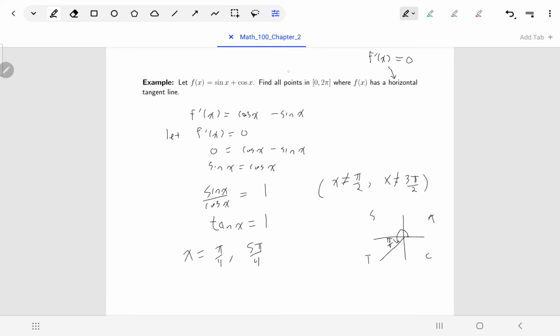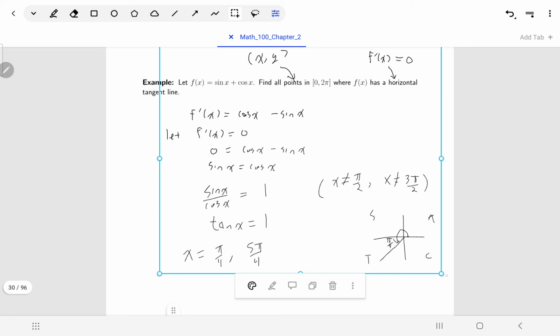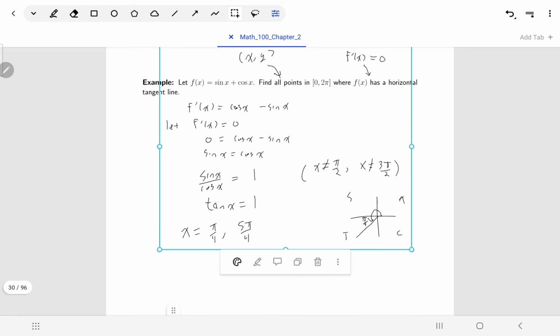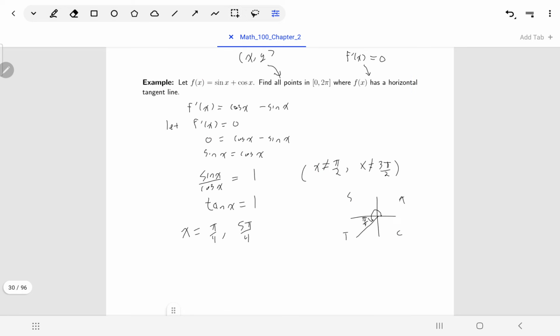And again, I've said this a few times now, but it's worth mentioning. When I say find all points, that means find all x and y points. So we've done some of our work, but not all of it. I've figured out where my x points are, but I haven't figured out what my y values are yet. So now I need to go back and find my y value.